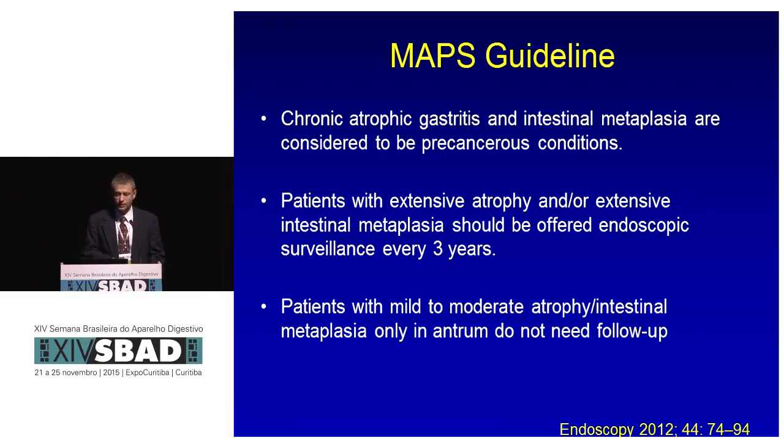On the other hand, patients with mild to moderate atrophy or intestinal metaplasia containing only the antrum do not need a follow-up. So this is one major distinction. Extensive atrophy or intestinal metaplasia, do surveillance. Limited to the antrum atrophy or intestinal metaplasia, no need for surveillance.